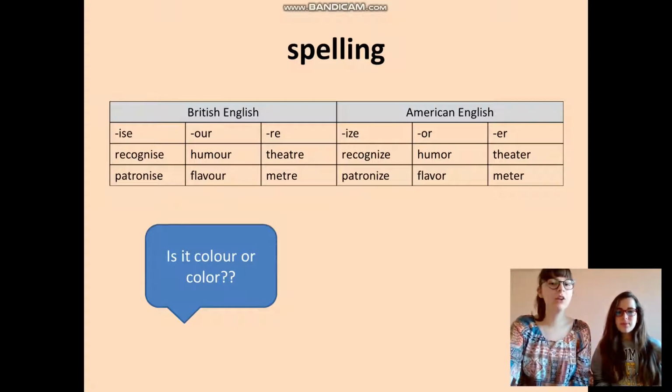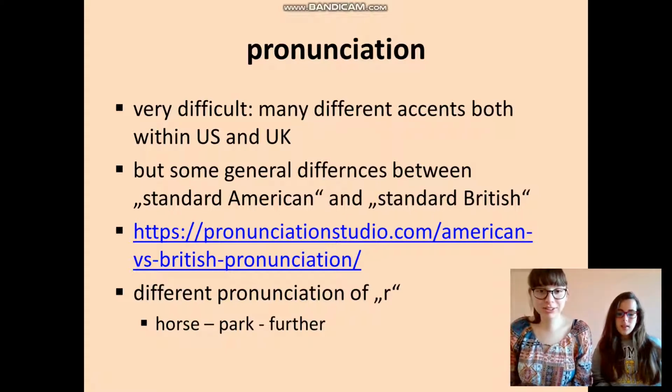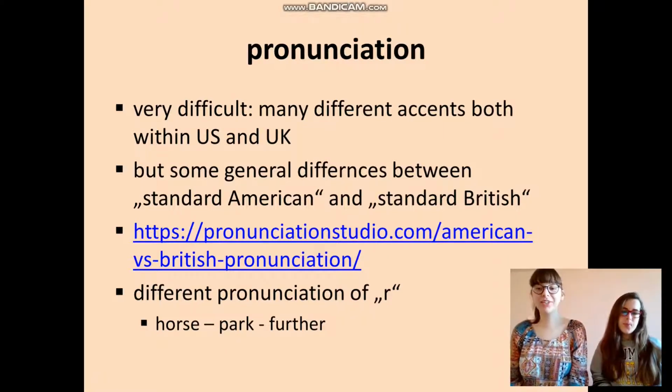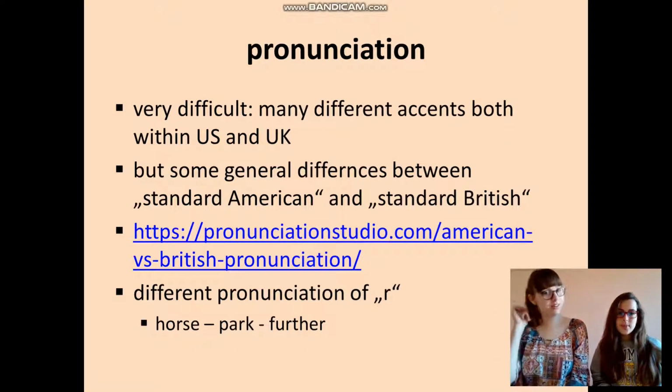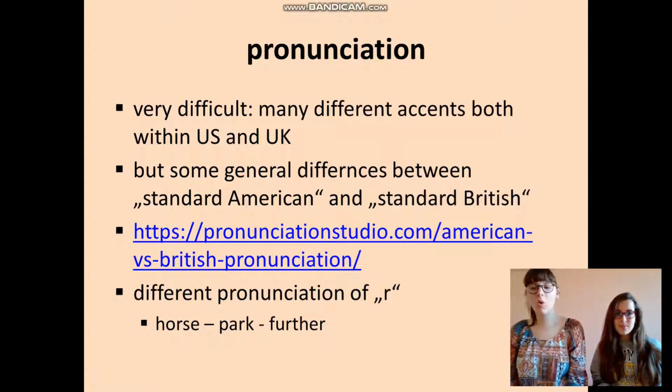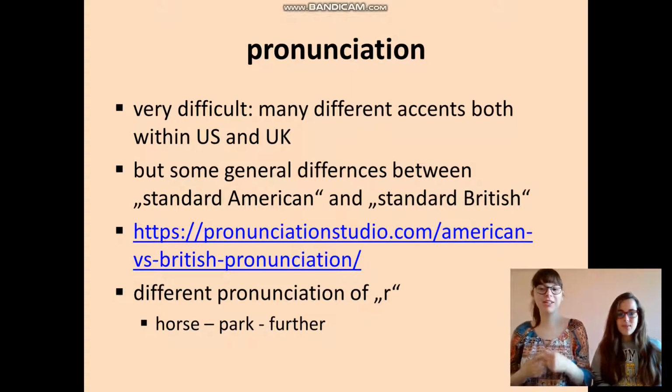Yeah. Okay. And now the pronunciation. So here we cannot tell you so much, because of two reasons. One, it's very difficult to say there's one British pronunciation and one American pronunciation, because within both countries there are so many accents, you know, like in Britain somebody from London talks differently than somebody from Manchester, and so on, and in the US the same.